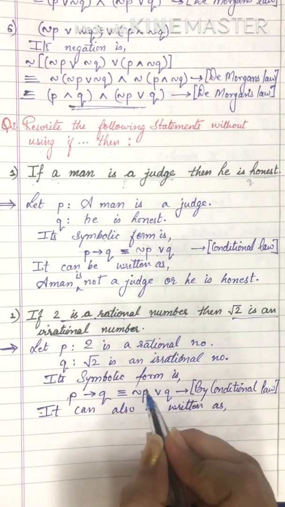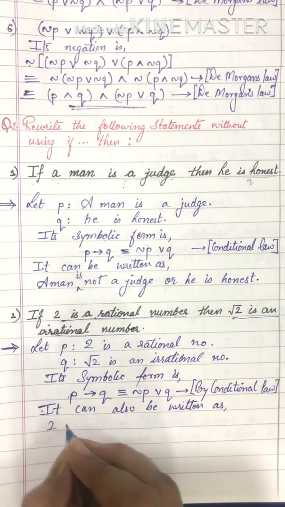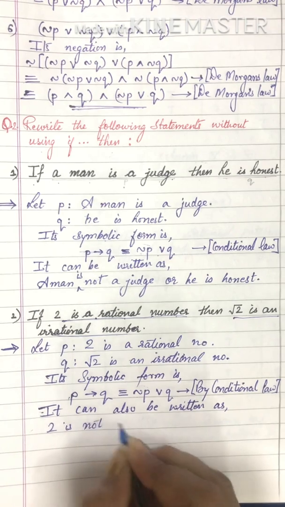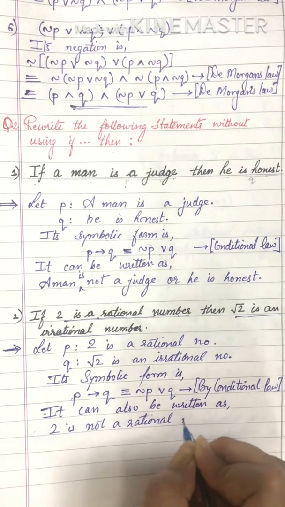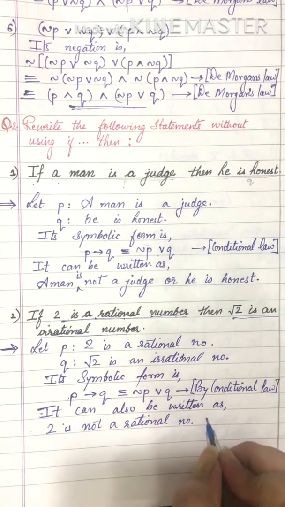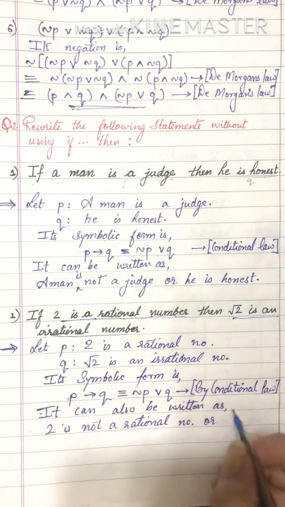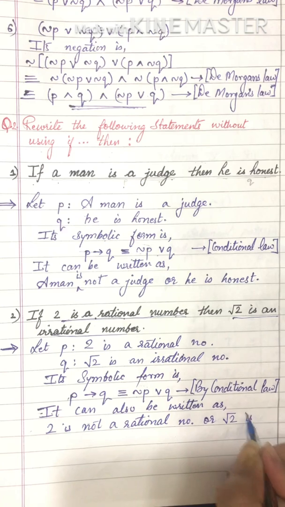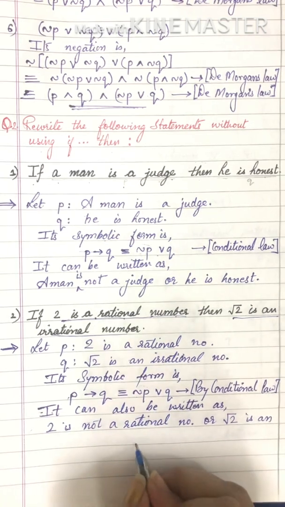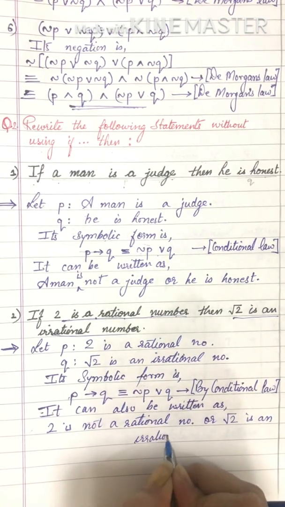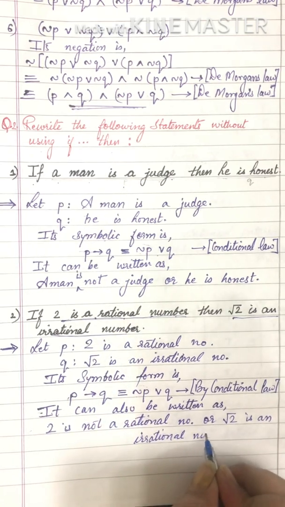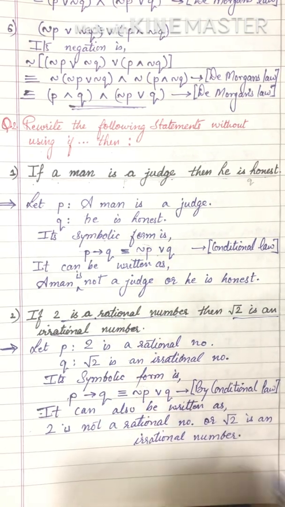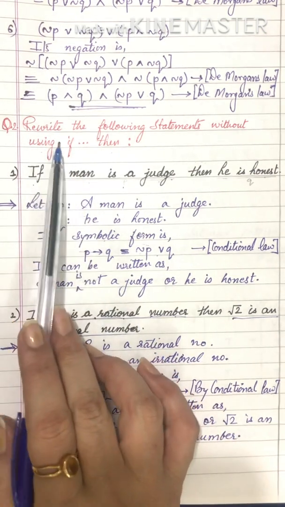So negation of P is: 2 is not a rational number, or Q, so root 2 is an irrational number. See, we have removed the if-then condition. This is how we will solve question number 2.